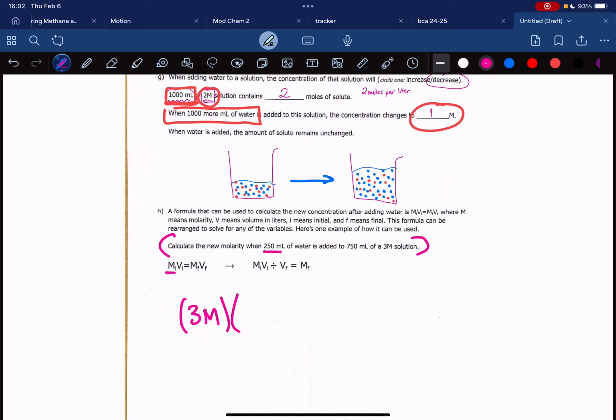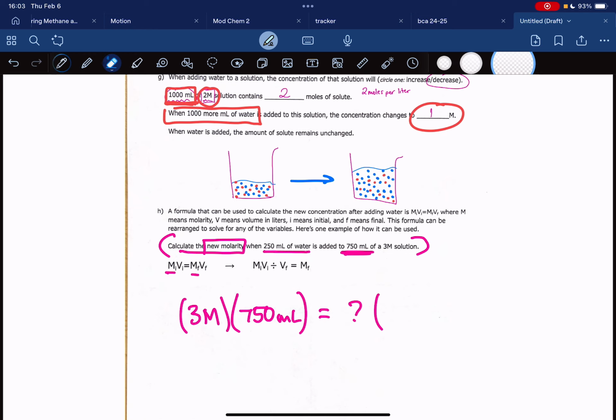What am I adding water to? I'm adding 250 mils of water to 750 mils of 3 molar. So 750 mils, that is my initial volume. And I'm saying that that is equal to my final molarity, which in this case is unknown, right? I don't know what my new molarity is, so I'll put a question mark there. And that number, whatever it is, multiplied by the final volume.